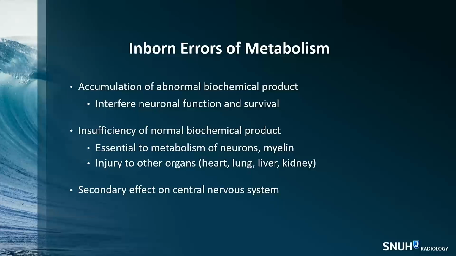Additionally, secondary effects on the central nervous system should be considered. While individually rare, the estimated global prevalence of inborn errors of metabolism comprises a substantial number of neonatal and infantile disorders affecting the central nervous system.